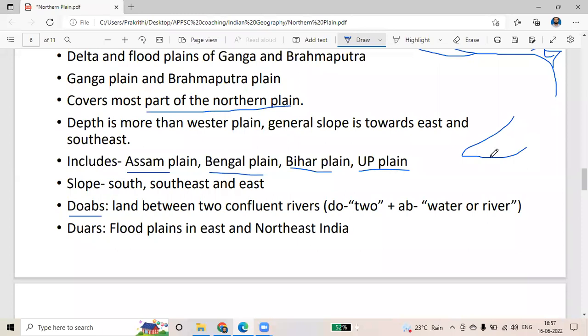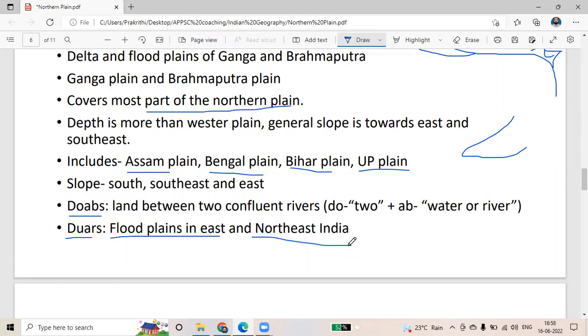Along with these DOBS, we have the DWARs, which is actually the floodplains in east and the northeast India. जो floodplain है, which is being created by Ganga and Brahmaputra, especially we know that as we are in Arunachal Pradesh, we know that we have floodplains for Brahmaputra, that is usually seen in Assam region.